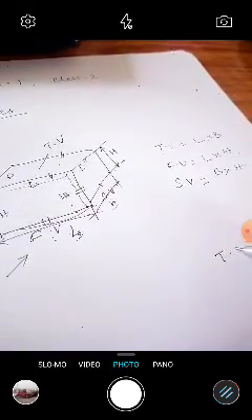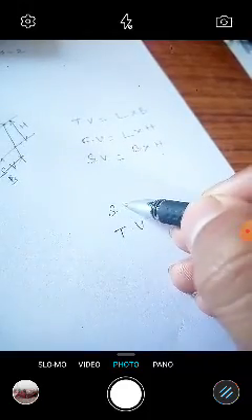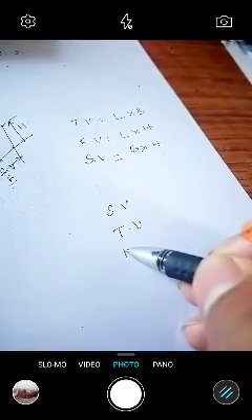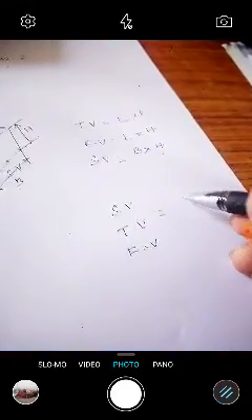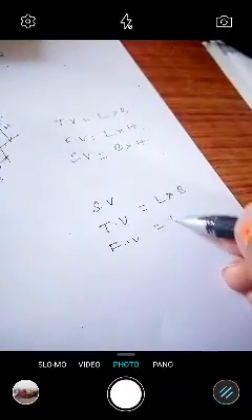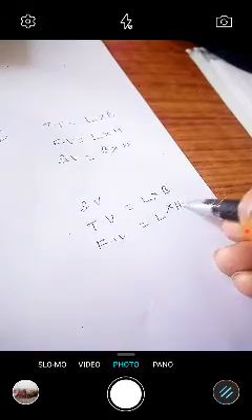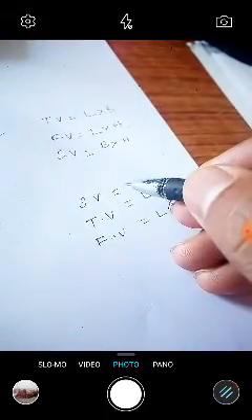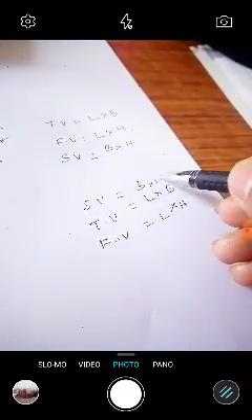If I keep the top view in between and side view on top, and the front view in between, there you can observe that top view is a combination of length into breadth, front view is a combination of length into height, and side view is a combination of breadth into height.